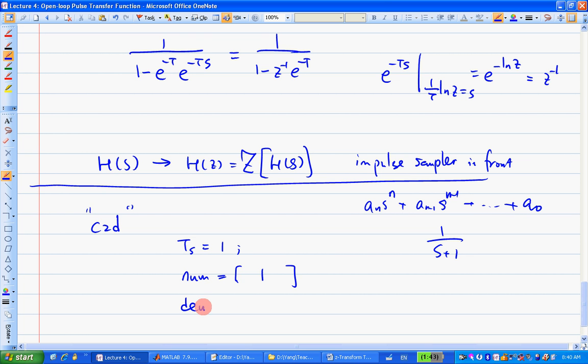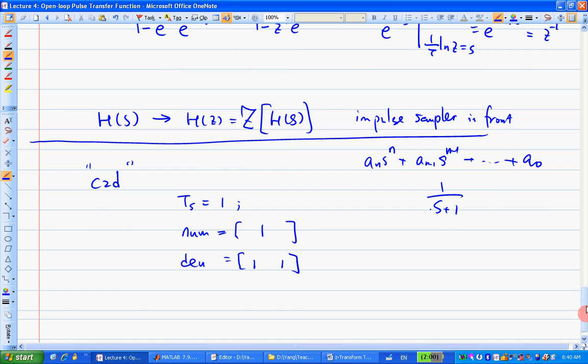But the denominator is s plus 1, so the coefficients are 1 1. Coefficient for s, then the constant. For the numerator, just 1. Okay, so then you define your continuous system like this.